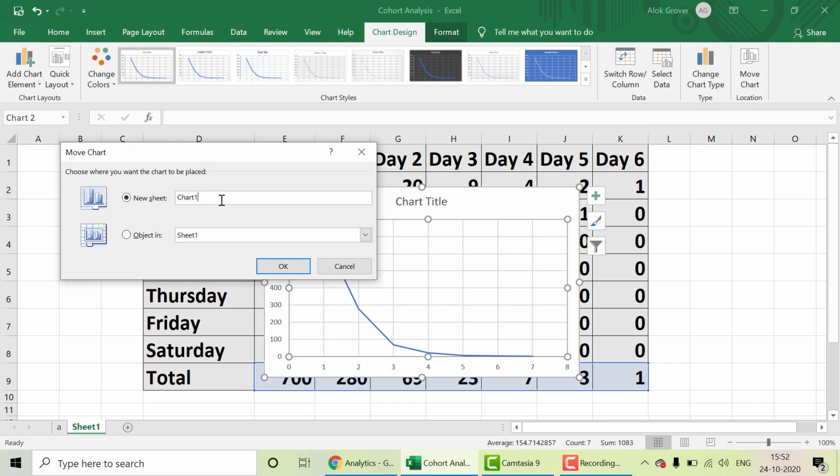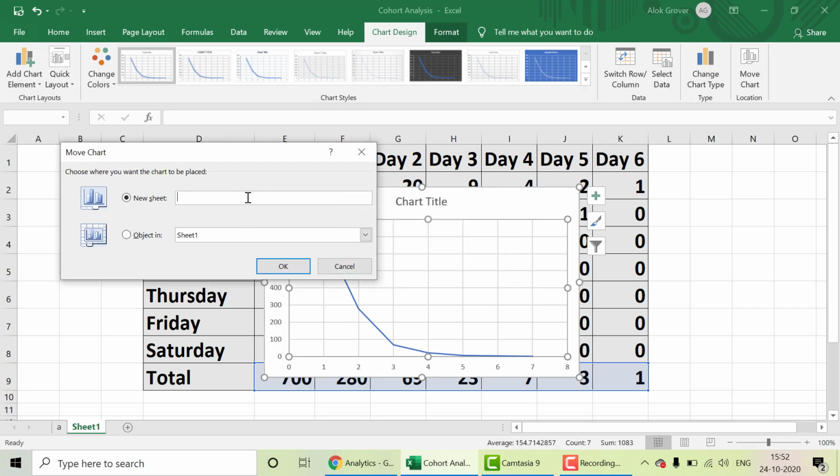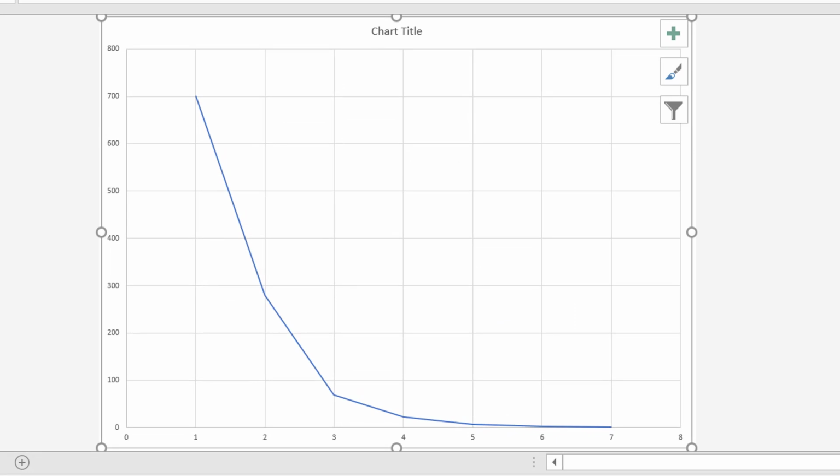I'll put it as cohort analysis, and I'll click on OK. It's not coming. So we have the graph which is coming over here.